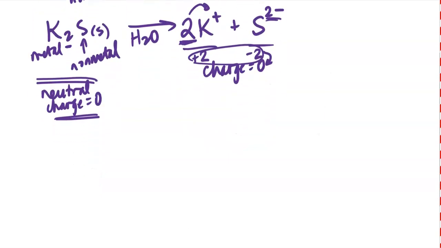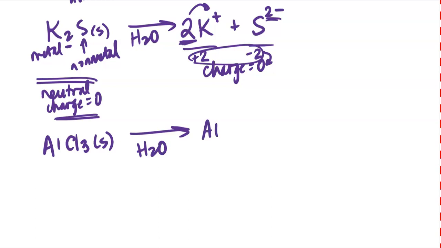So what about if I had something like aluminum chloride? I have that as a solid, and I go ahead and put that in water. Well, that would give me aluminum ions with a 3+ charge and chloride ions. But again, I have to make sure that the equation balances both by mass and by charge. And so I have 3 chlorines here, which means I have to insert a coefficient of 3 there.